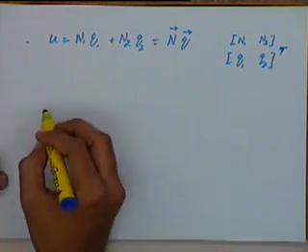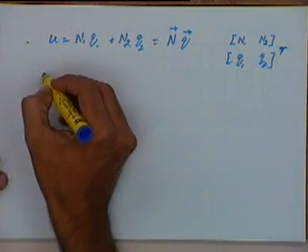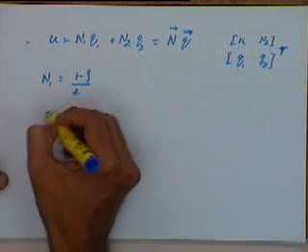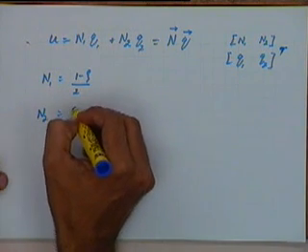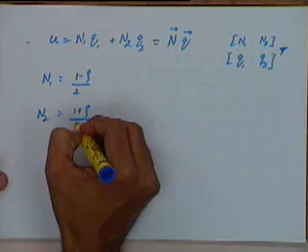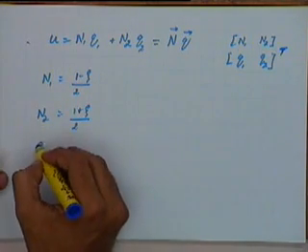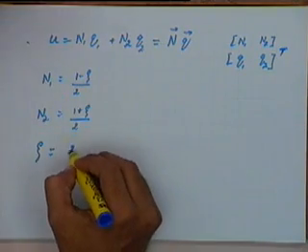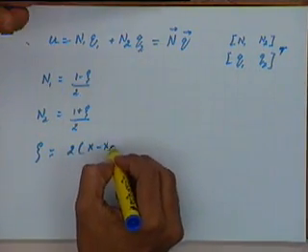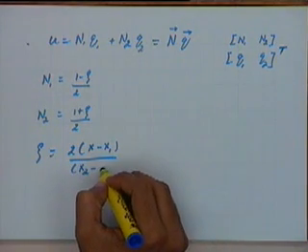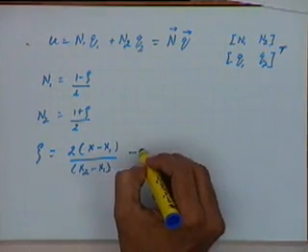Okay. I have also mentioned n1 is equal to 1 minus zeta by 2, n2 is equal to 1 plus zeta by 2, and I have also mentioned that zeta is equal to 2 times x minus x1 divided by x2 minus x1, minus 1.